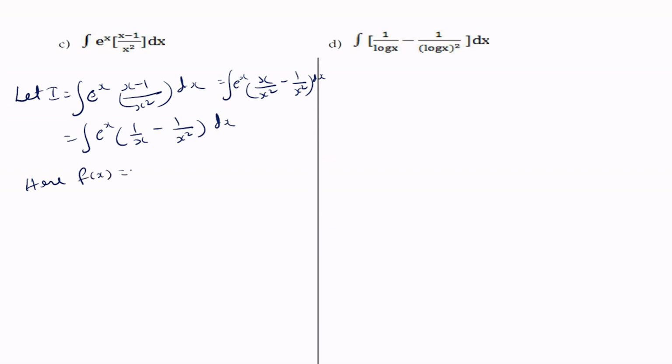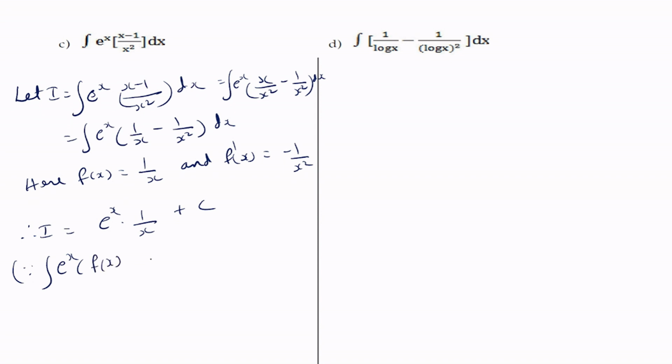So here f of x is equal to 1 by x and f dash of x is equal to minus 1 by x square. Therefore, I is equal to e raised to x into f of x plus c, since integral e raised to x into f of x plus f dash of x dx equal to e raised to x into f of x plus c. Because of this, we can write this as e raised to x upon x plus c.